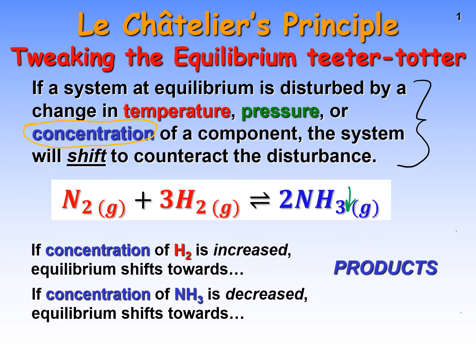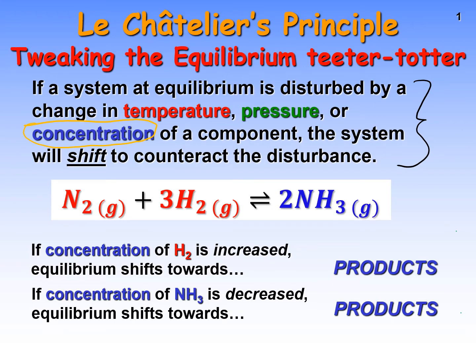Well, if I got rid of NH3, to get back to equilibrium the reaction has to produce more NH3. So again, our reaction is going to shift towards the product side. This will increase the NH3 and decrease the reactants, but eventually we'll get back to equilibrium having counteracted this decrease in concentration.